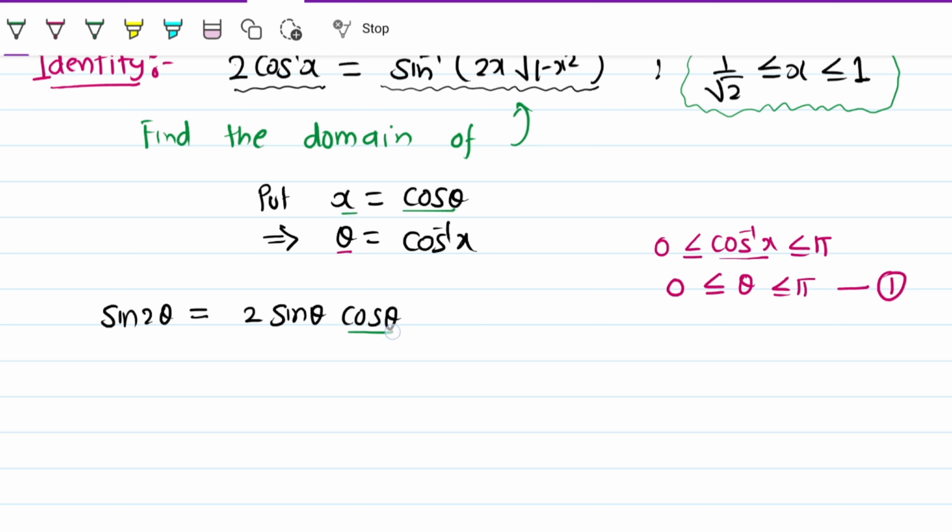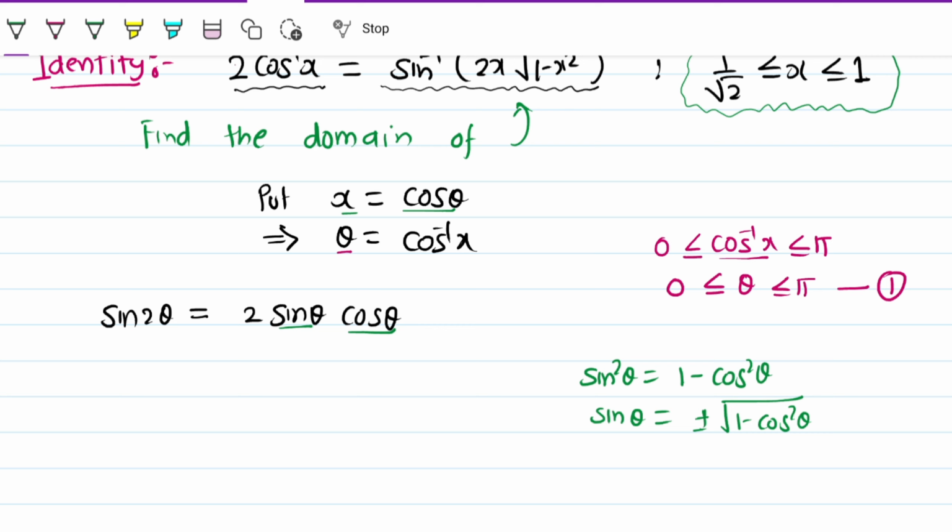It means cos theta we can write as x, but sine theta we don't know. But again, there is an identity: sine square theta equals 1 minus cos square theta. Then what is sine theta from here? It is plus minus root over 1 minus cos square theta. Here, plus minus, we will be taking only the positive value.